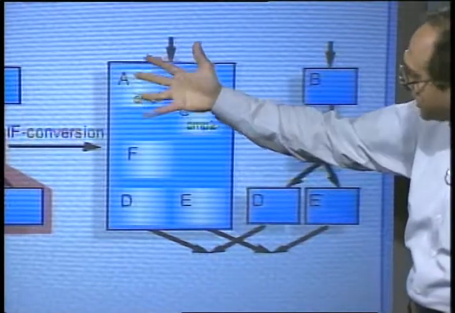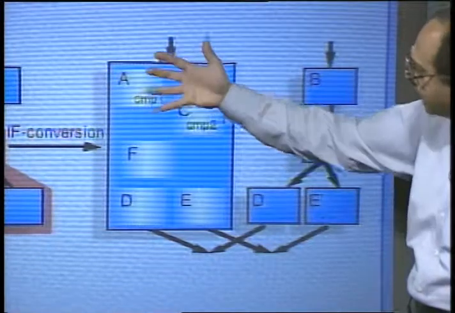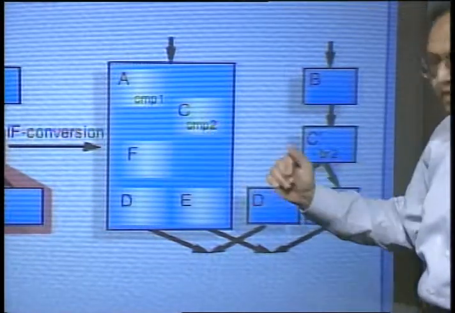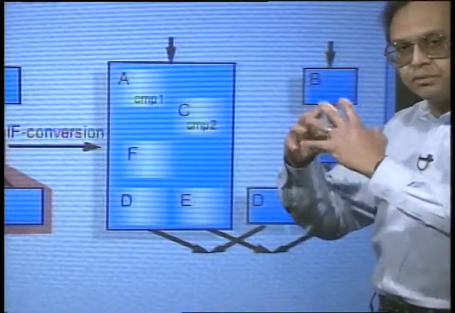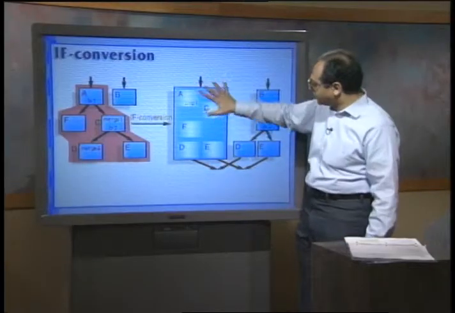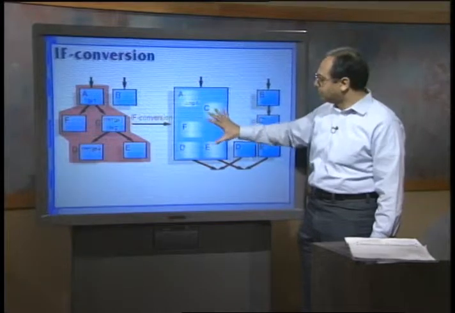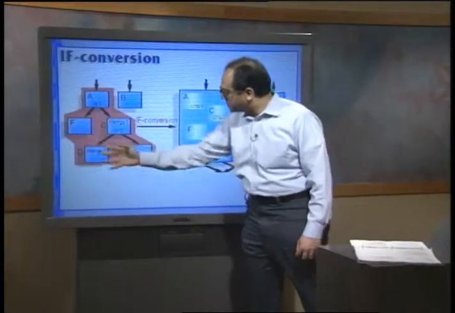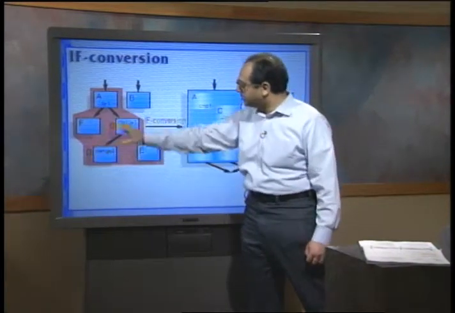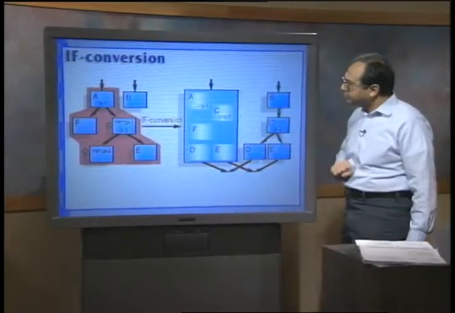So the kind of vague outlines of the basic blocks A, C, F, D, E is supposed to indicate that these basic blocks have kind of dissolved and the operations have spread out all through this one new basic block. Once again, remember these basic blocks were empty. We can discard all of them and we're left with just this.